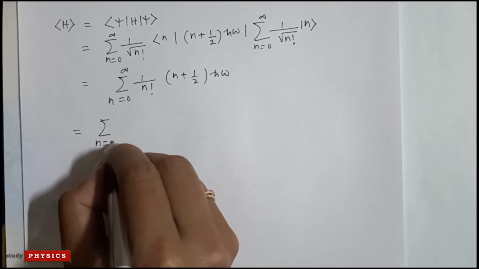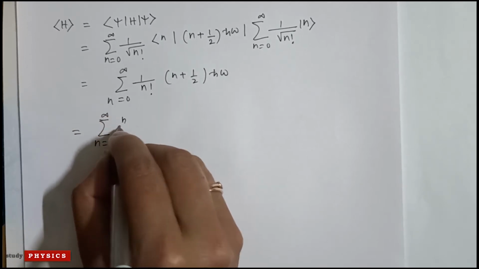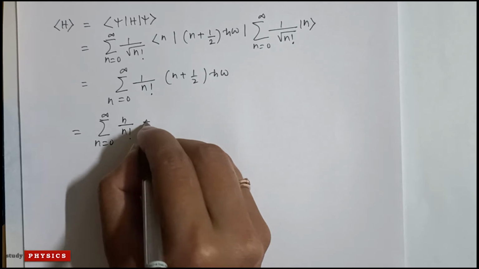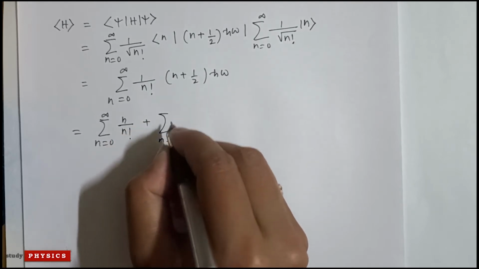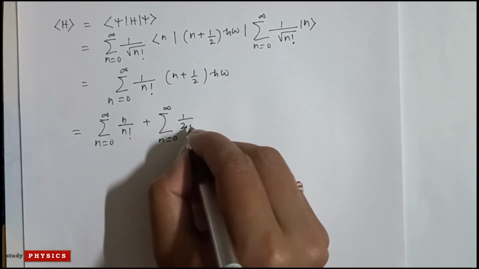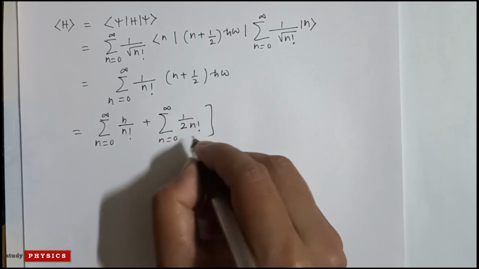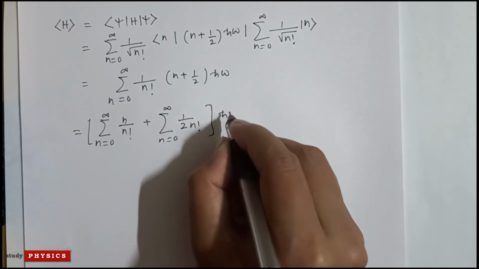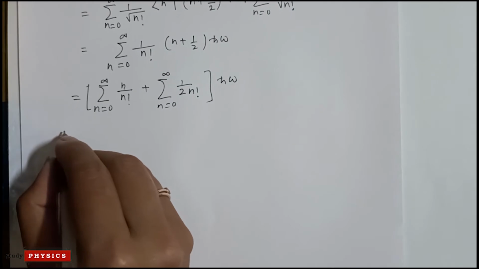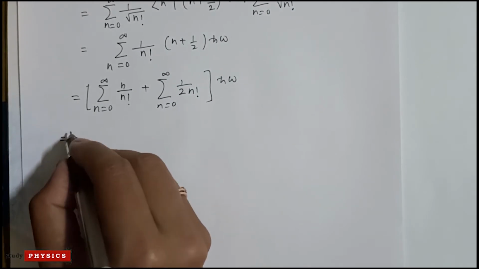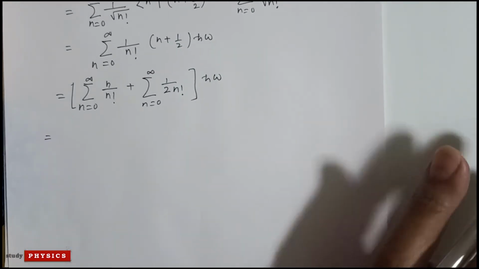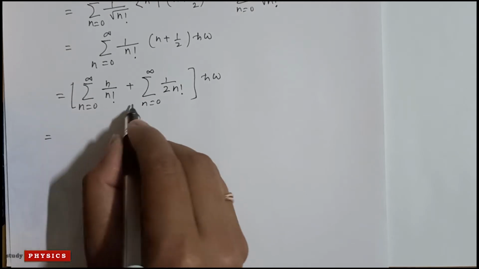So n equal to 0 to infinity, this is n by n factorial, plus the summation of n equal to 0 to infinity of half times 1 by n factorial, h cut omega. So we can simplify this expansion.